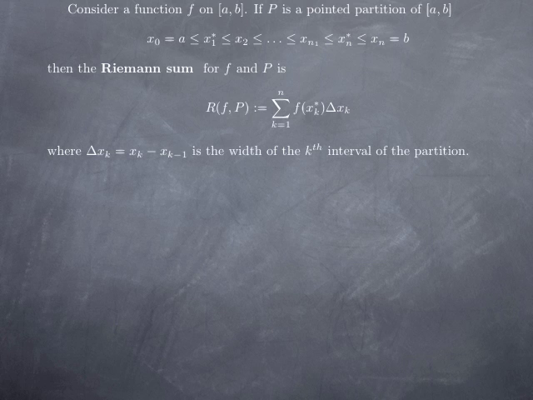So this Riemann sum is given by: in each subinterval in the partition we have a sample point, we evaluate the function at this sample point, and we multiply that number by the width of the subinterval. We take the sum over all the subintervals of the partition, and that is a Riemann sum for f and the pointed partition.